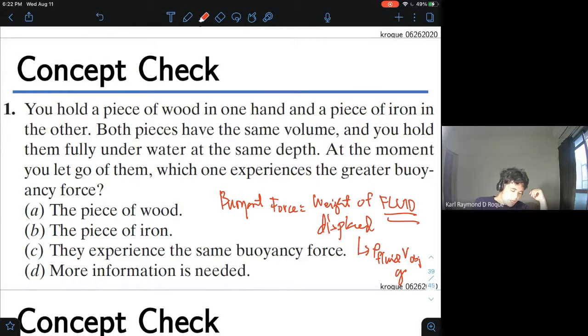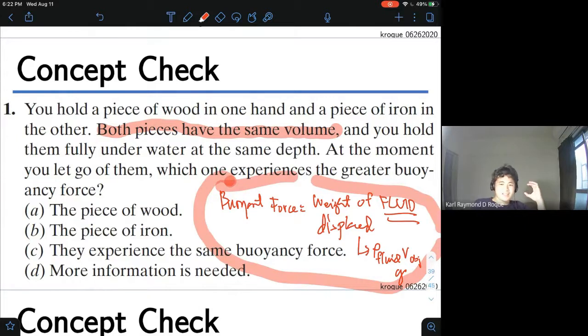Have the same volume. Yung def, walang kinalaman yan. Ito, walang kinalaman yan. Yan, wala yan. C dapat. C. Okay? C.